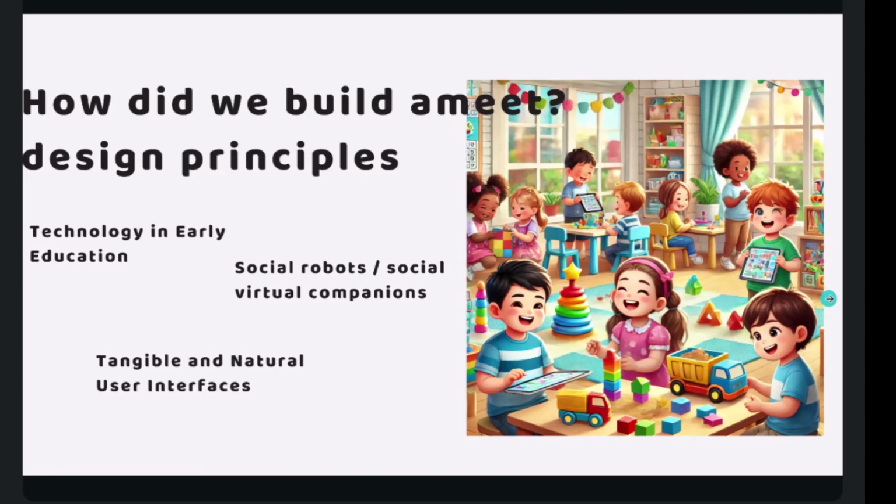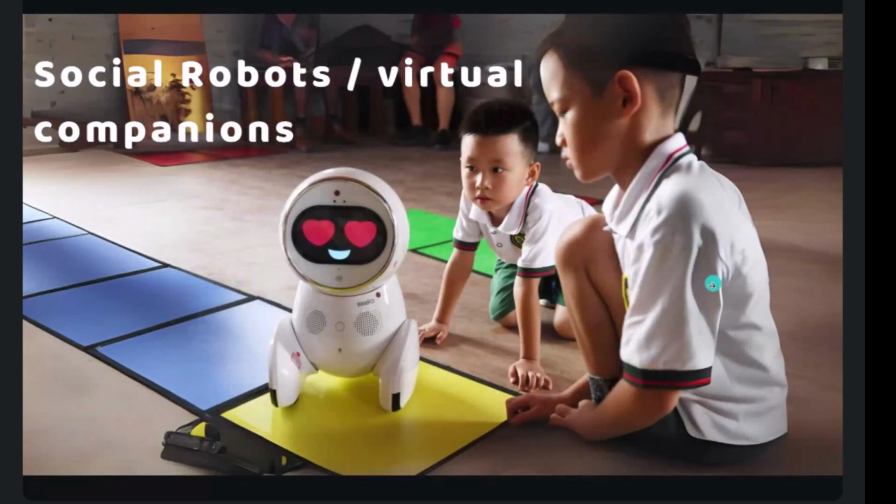So the design principles that we used, I'll just go quickly over them. We were inspired by several types of literature in the early education research field. The major one was social robots or virtual companions.